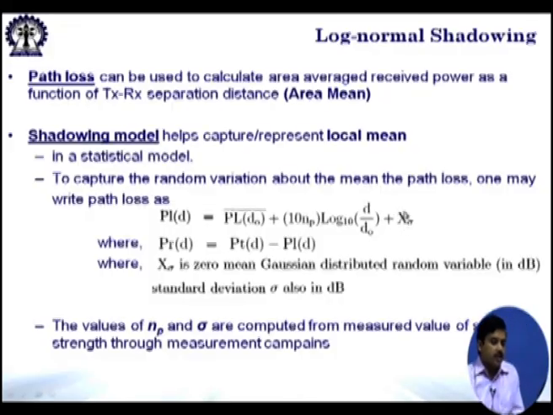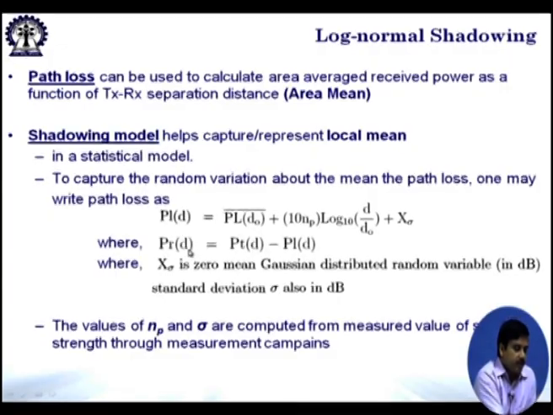This is the typical notation, X sigma, where the received signal strength is Pt at distance d minus path loss. So, with these two formulas, we would be able to calculate the received signal strength at a distance d.